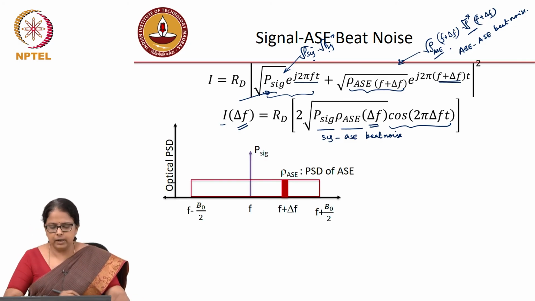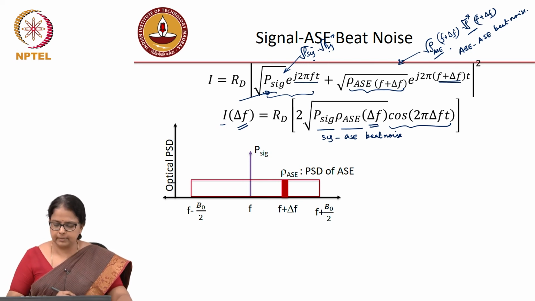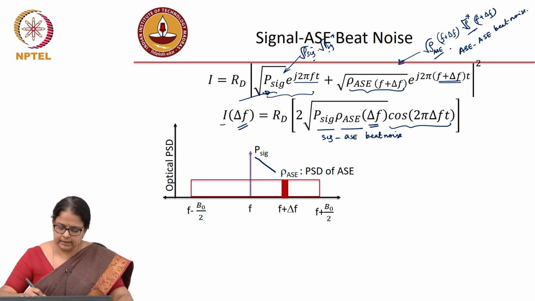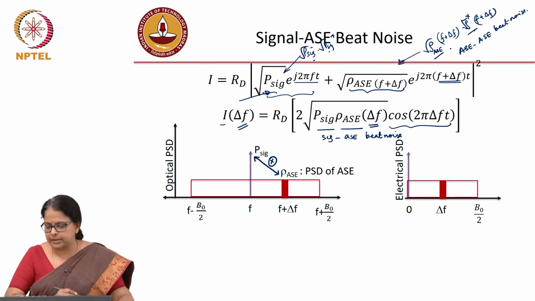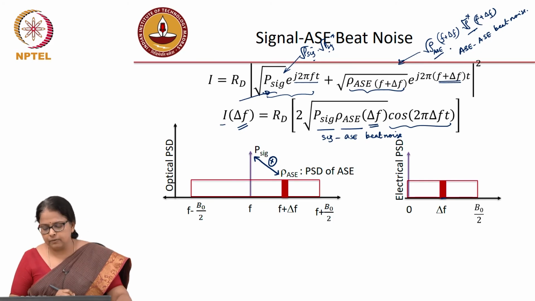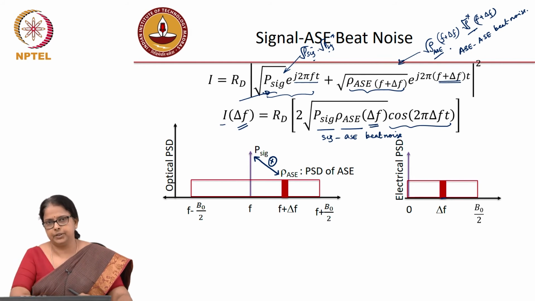So, what we want to quantify is this beat. This is the spectrum again that I am showing. What I am trying to show you is that this P_sig and this P_ASE are beating together, giving rise to a signal at frequency Δf. So, in the electrical spectrum, I am showing the corresponding electrical power spectral density, you get a contribution at Δf frequency because of the signal and the ASE beating according to our calculation.